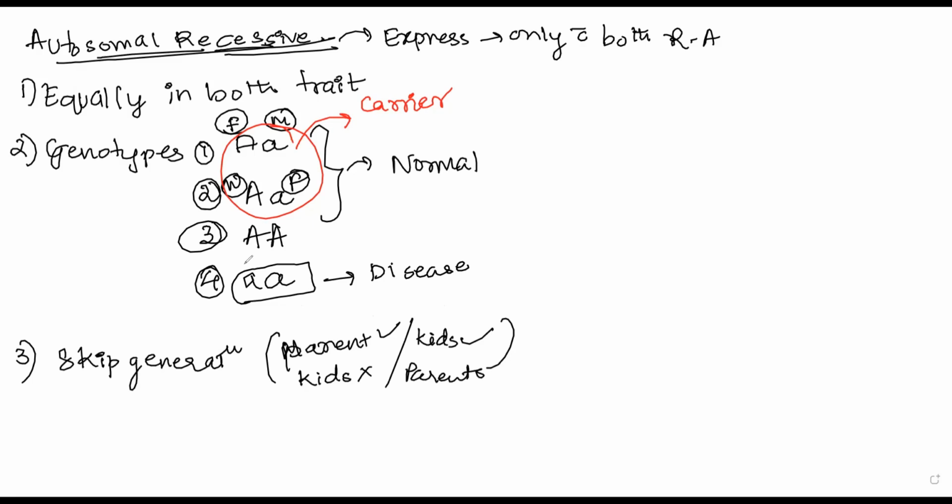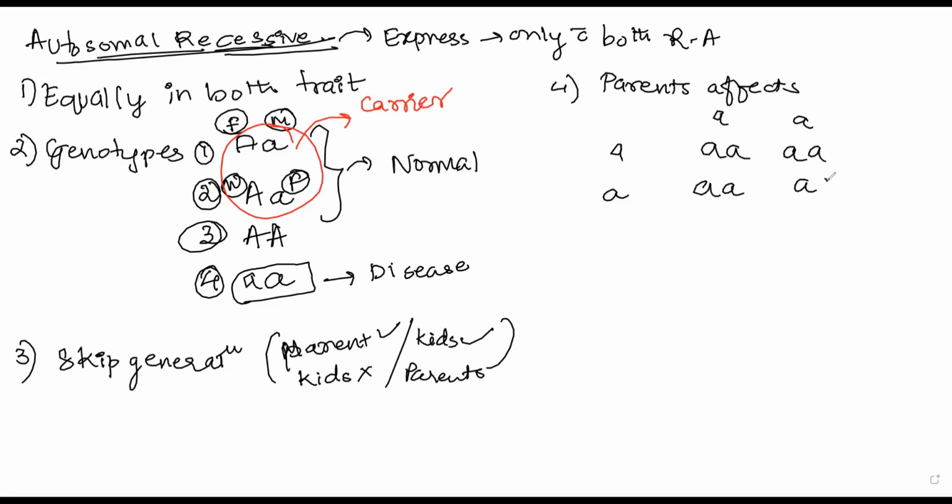Next thing, another thing that you can see is, if both parents are affected, what will be the genotype? Yes, it will be small a from the father, and other small a from the mother. Now, if you see the Punnett square, you will notice that all the offspring will be diseased.